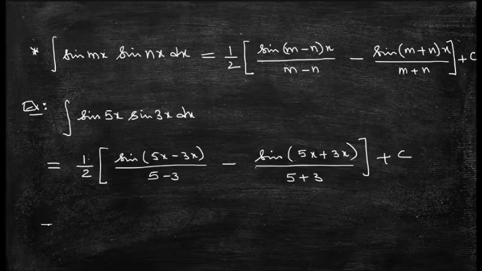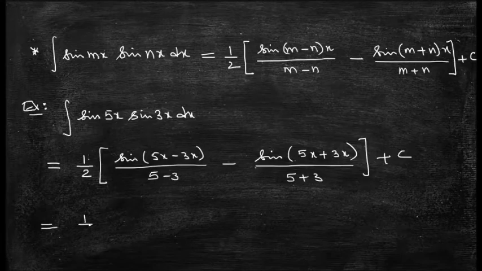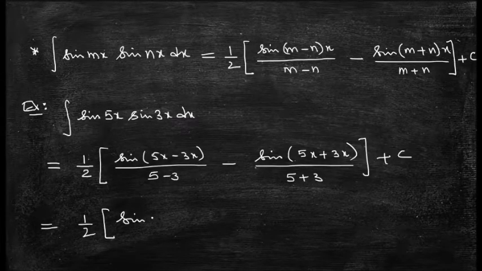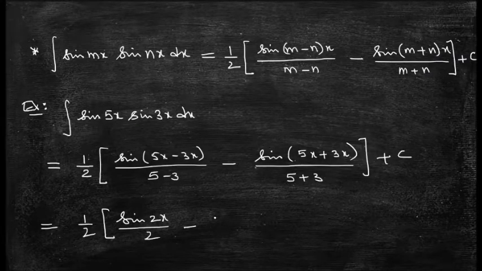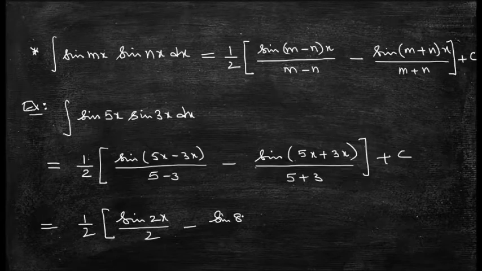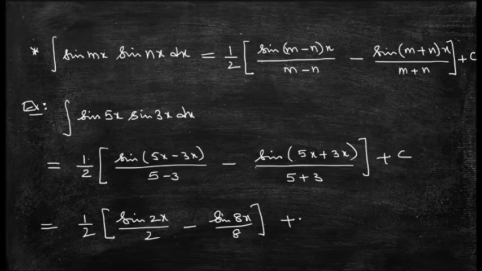So the output is 1 by 2 times (sin 2x by 2 minus sin 8x by 8) plus c.